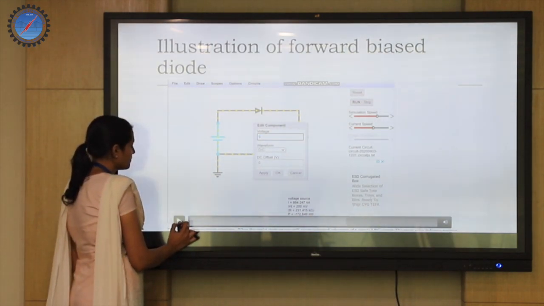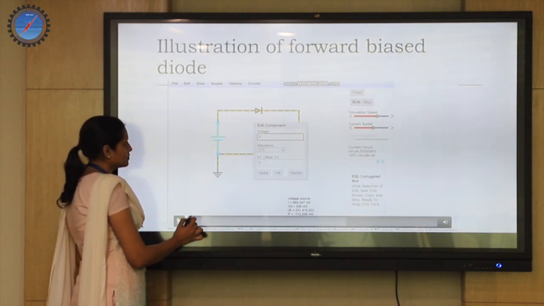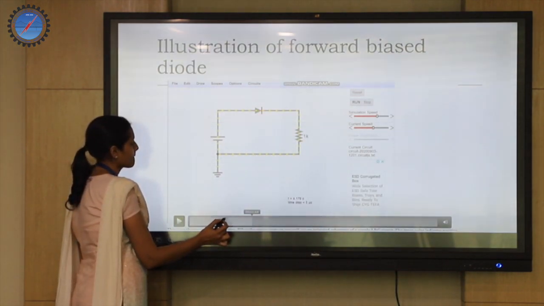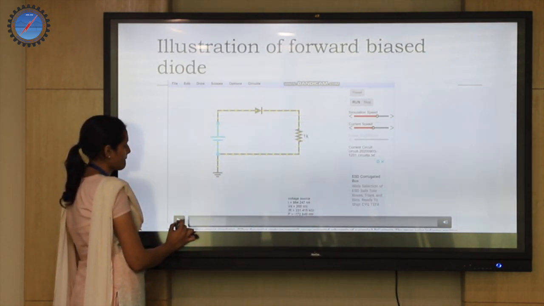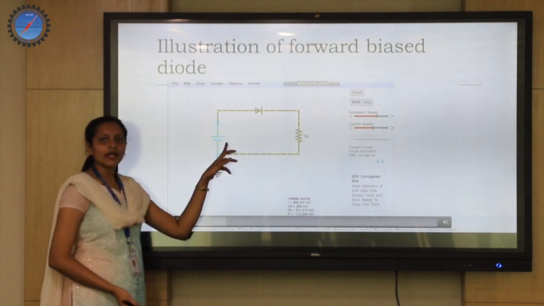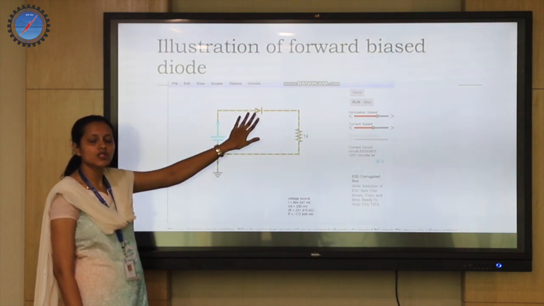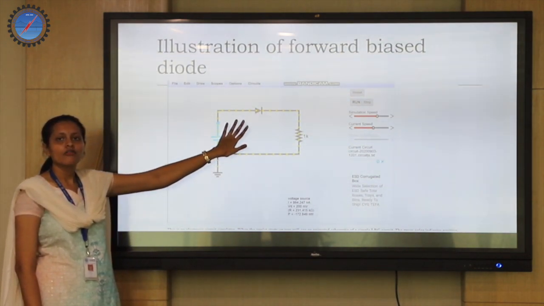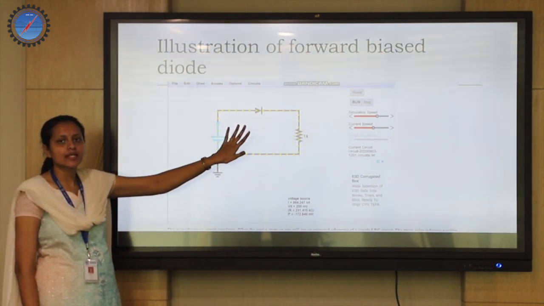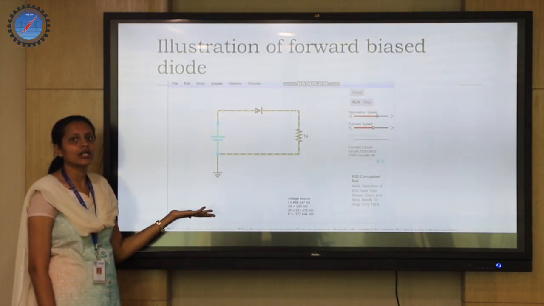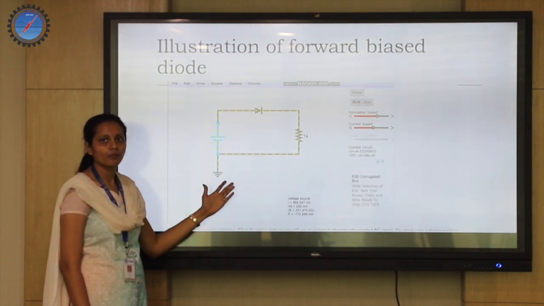Here you can see that if I apply a voltage which is less than the barrier potential, the diode I have chosen here is a silicon diode. We know that the barrier potential is 0.7 volt. Suppose the applied potential is less than the barrier voltage, there will not be any current flow.